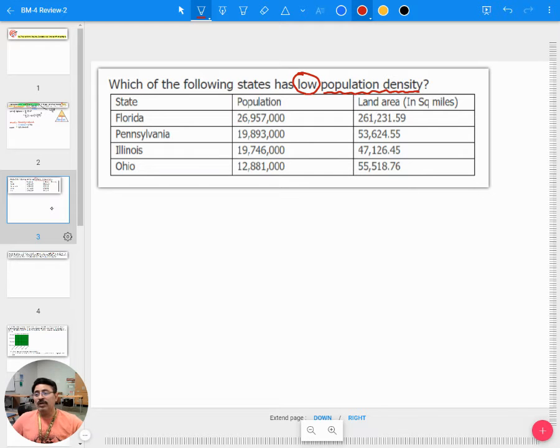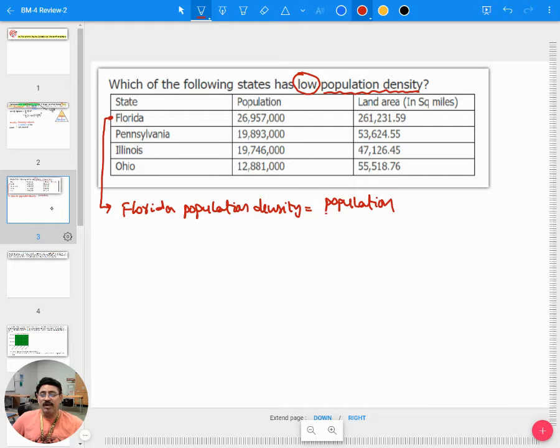Okay, so let me start by computing the Florida population density. Population density equals the population of the given area over the area.